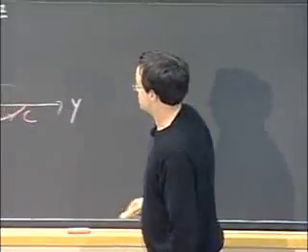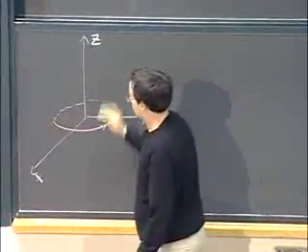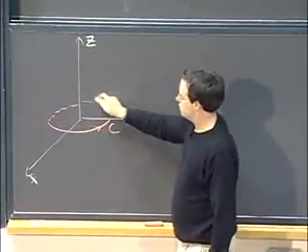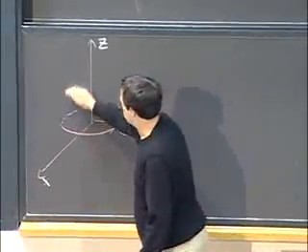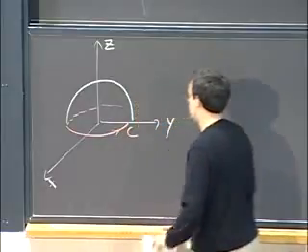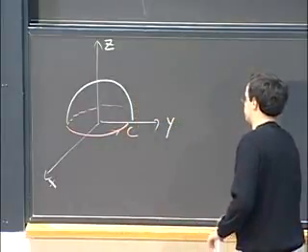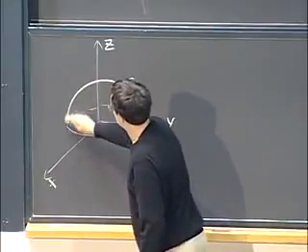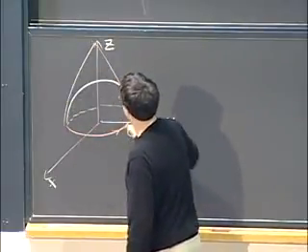So what Stokes' theorem says is that I can choose my favorite surface whose boundary is this circle. So I could choose, for example, a half sphere if I want, let's call that S1. Or I can choose a pointy thing, S2.